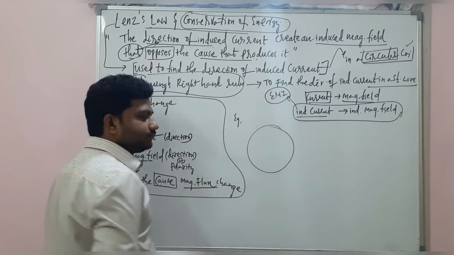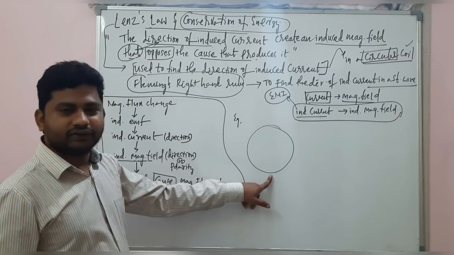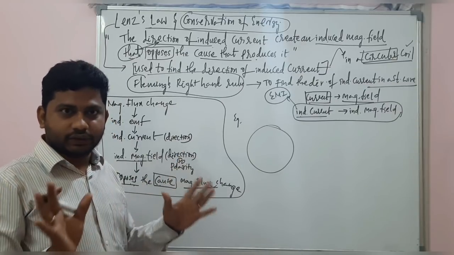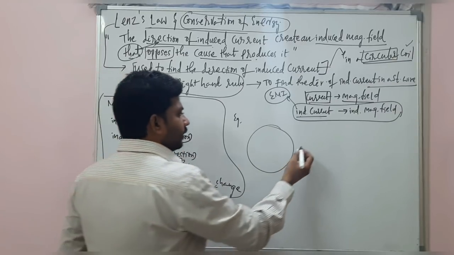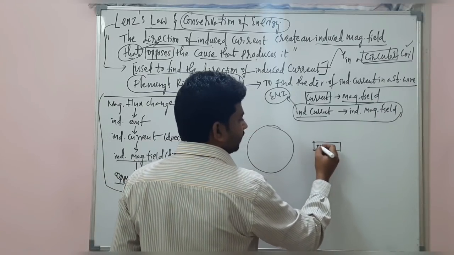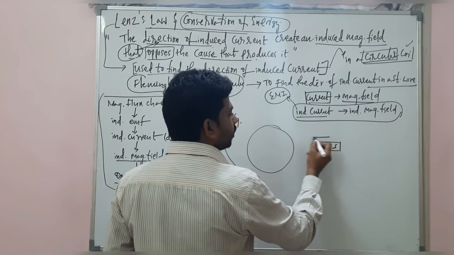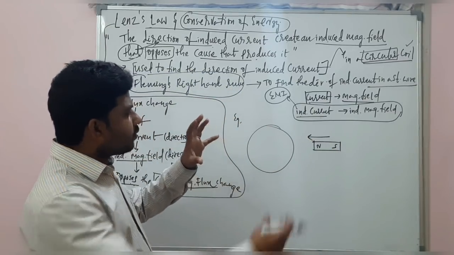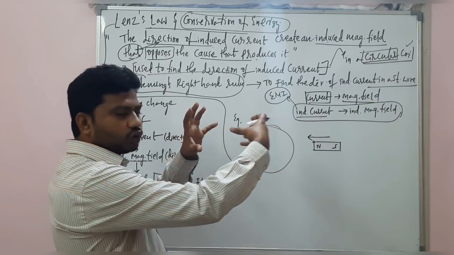There is a coil. There is a battery connected to it. I am not writing it, but there is a battery connected. It must be a closed circuit. So the north pole of a bar magnet is moving towards the coil. What happens? More field lines are passing through the coil.